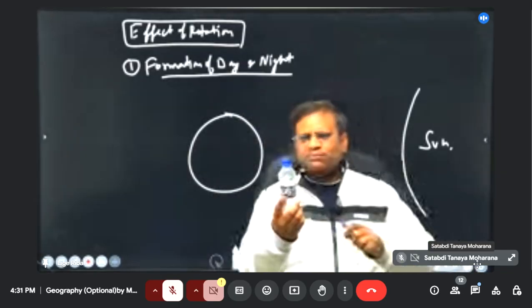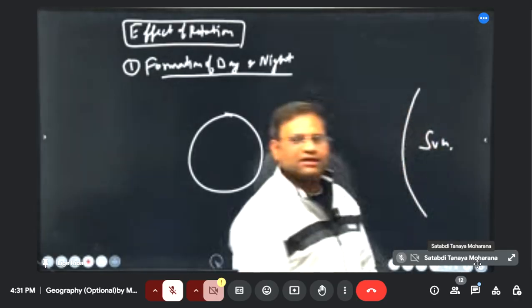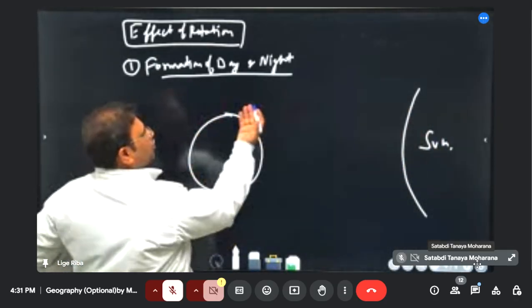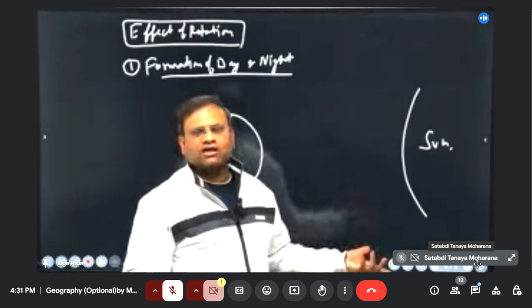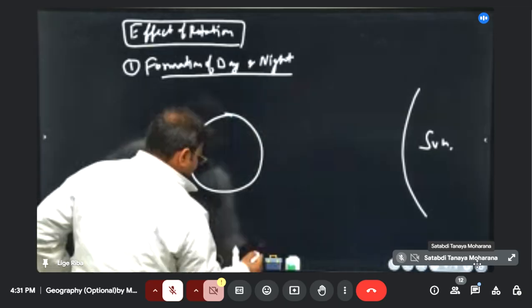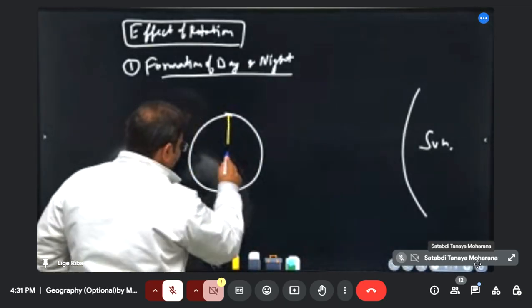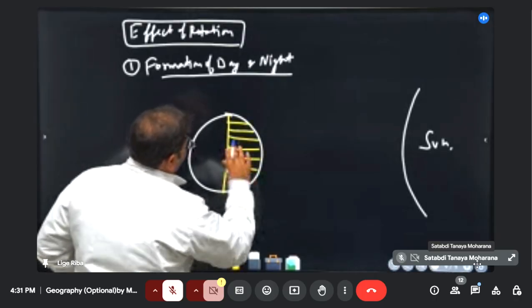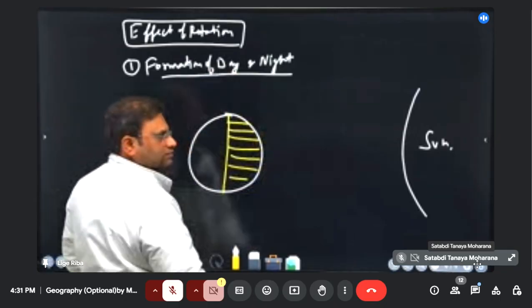So can we make even an imaginary line which separates day from night? Yes, we can. In 3 dimensions we can show the entire sphere, but in 2 dimensions we have to manage with the circle only. So this part of Earth is in front of the sun. So here is the day. You can consider it in a 3 dimensional way, half this, half that side. This is day.